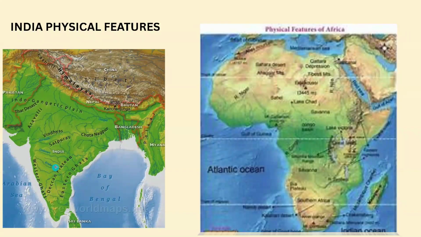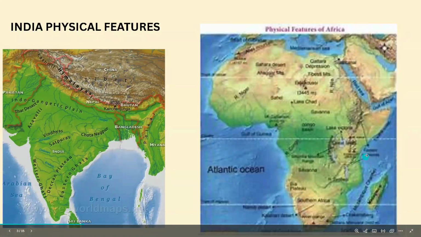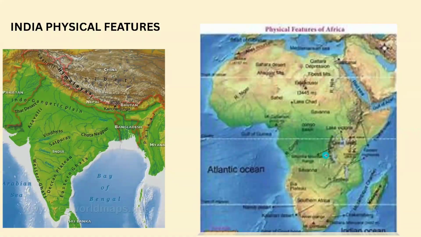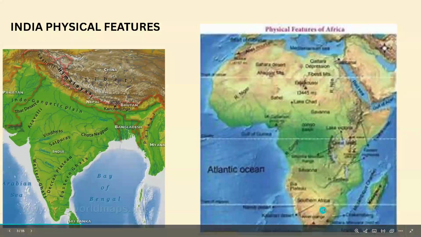This is the Deccan Plateau region. So like this, when we are comparing, the Africa continent is also a plateau. Because of the mountains denuded, they become the tableland, and you will find the plateaus.